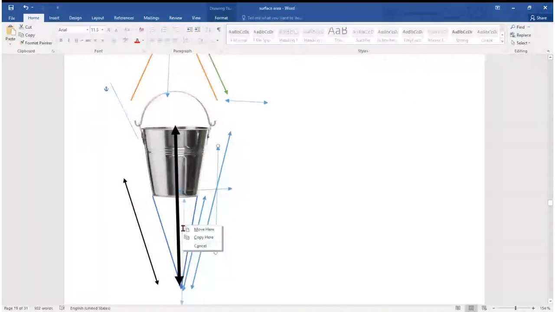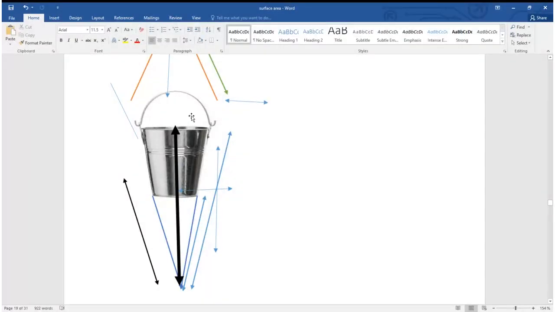And then the radius at the top here is going to be capital R, the radius of the big cone, and the radius at the bottom here is going to be small r, which is the radius of the small cone. So I'm going to have a big cone and a small cone.